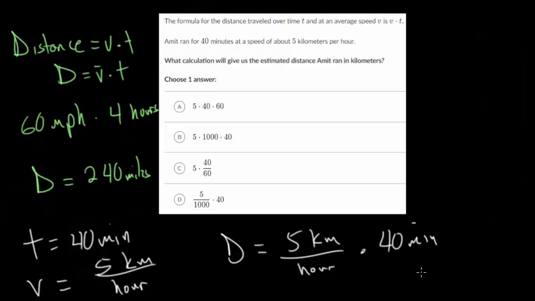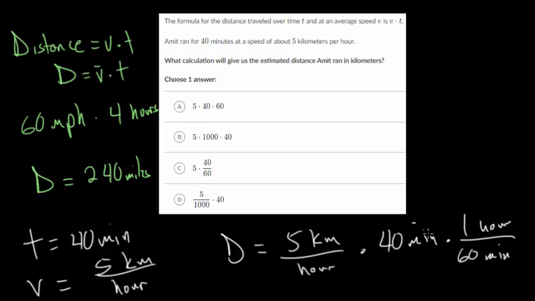But notice the problem is that we don't have the right units. These minutes and hours aren't going to cancel each other out. So we need to first convert minutes to hours. We need to cancel minutes, so that goes in the bottom. So 60 minutes on the bottom and 1 hour goes up top.